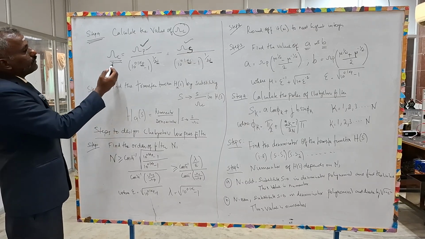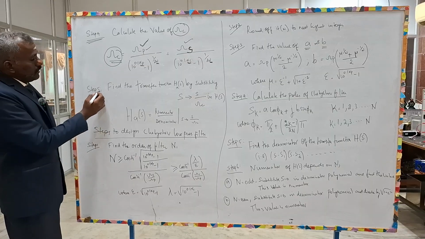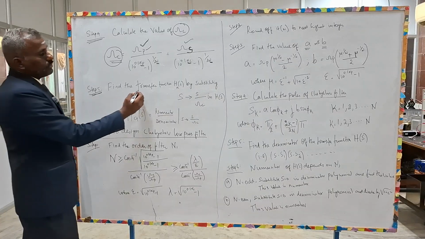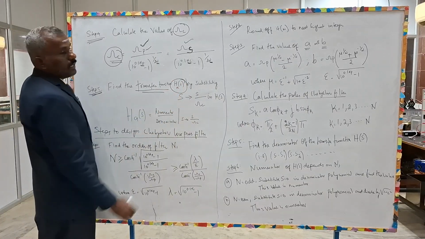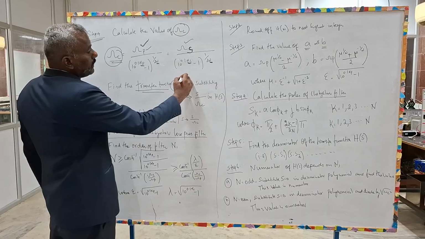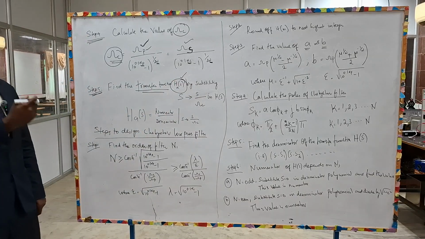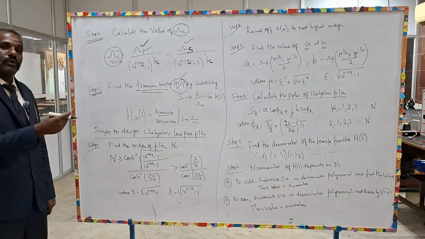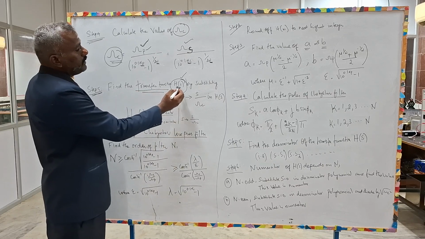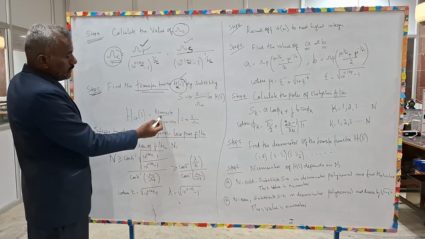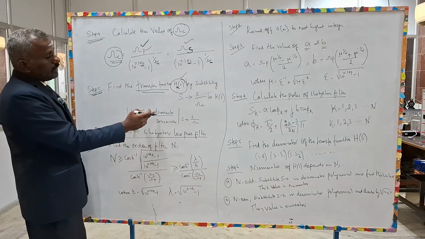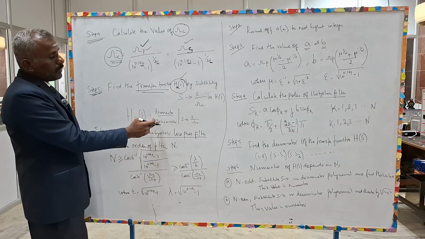After finding the cutoff frequency, we come to the final step, the analog transfer function H_a(s). For finding H_a(s), we use the H(s) found so far, with its numerator value as well as denominator value.